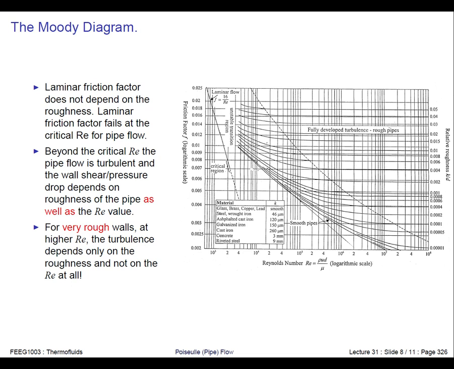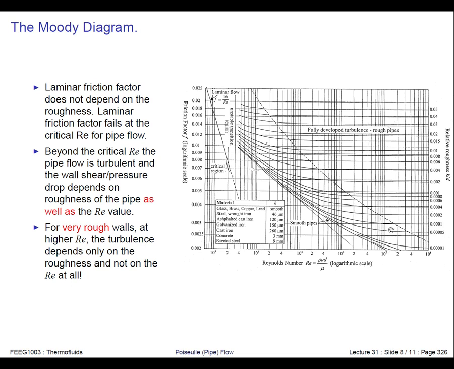And the correlation that I showed you, Prandtl's correlation, is this one down here. He assumes that there's no roughness on the pipe. Technically, what he's assuming is the roughness is small enough, and we'll get onto that a little bit later.